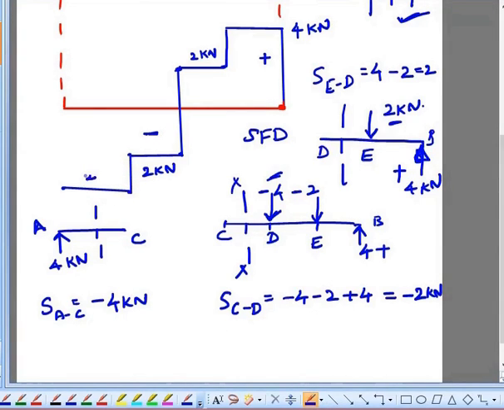So here I am having 4 kilonewton, that is in the negative direction. Now we join this. So this is the shear force diagram of the given simply supported beam.